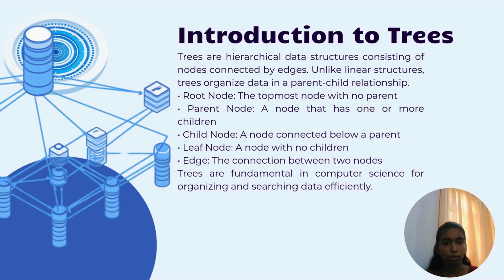Unlike arrays or linked lists, trees allow data to branch out into multiple paths, making searching and organizing much more efficient. That's why trees are widely used in systems like databases, file management systems and search engines. So understanding trees is the first step toward understanding binary search trees and traversal reconstruction.